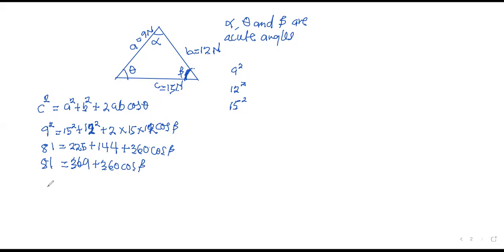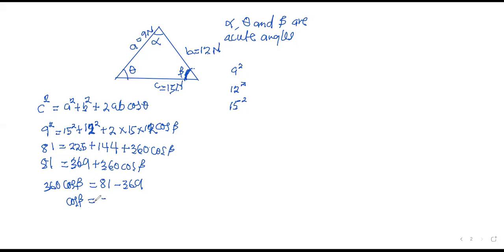So 360 cos beta is equal to 81 minus 369. What is 81 minus 369?